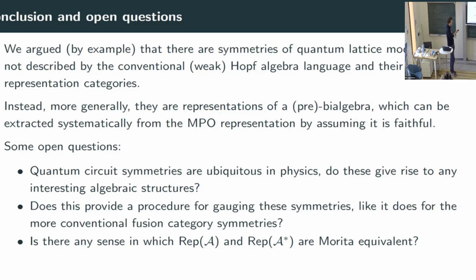Is there any sense in which this is still true here? Here, Rep of A is this non-monoidal but semi-simple category. Rep of A star is a monoidal category, but it's non-semi-simple. Is there any sense in which the Drinfeld centers, if you can even define them for these two theories, are equivalent somehow?